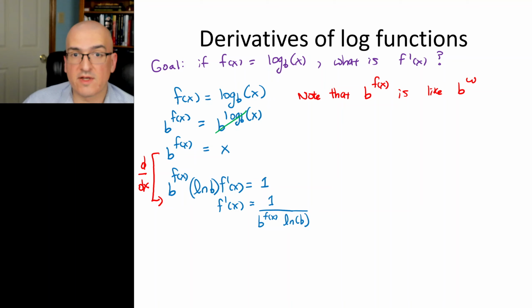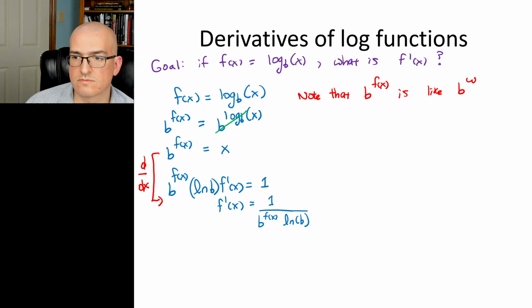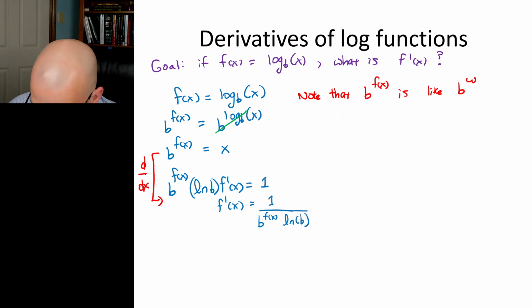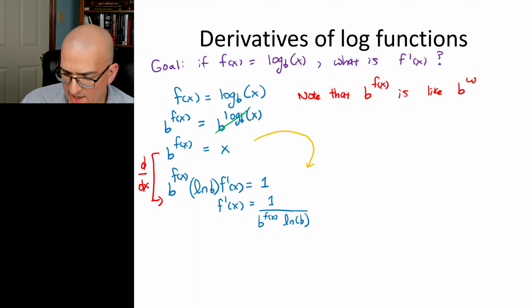Now we're not quite done. What I'm going to do is recycle a part of the expression and use it again. The part that said x is the same thing as b to the f of x.